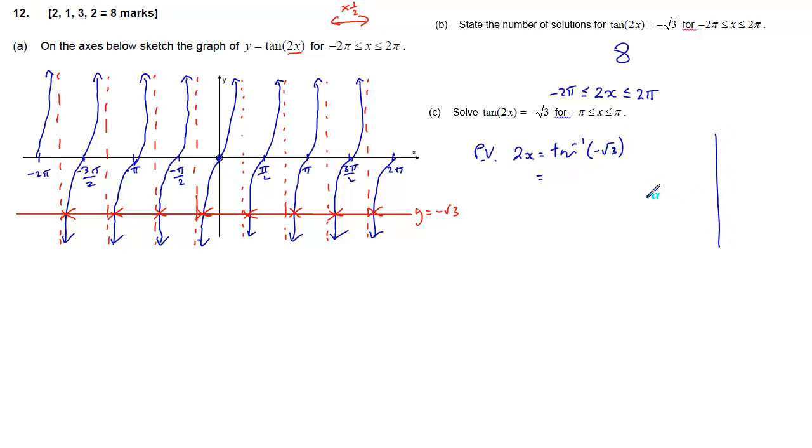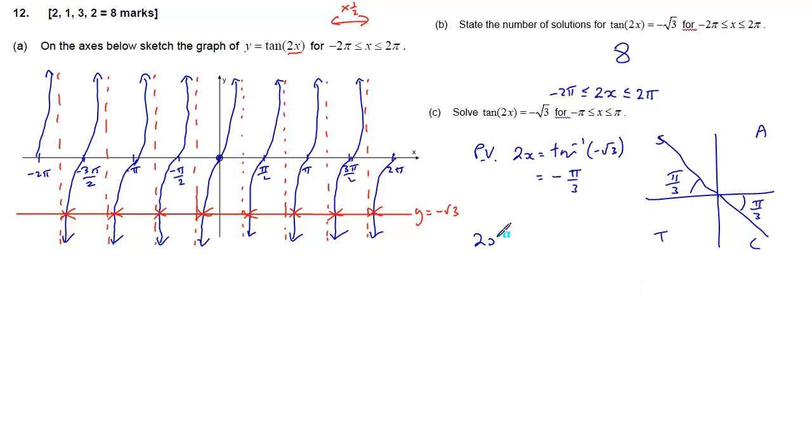And if we think about that one, it's going to be down here, and this angle here would be pi by 3, so it's going to be negative pi by 3. The secondary angle would be up here, with this angle being pi by 3.